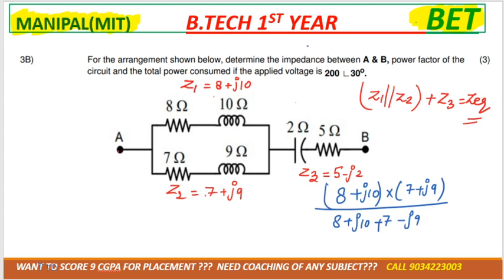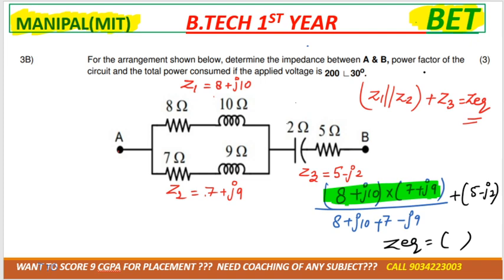By using complex method in the calculator, you can solve it directly, rectangular to rectangular multiplication that I told you. Plus Z3. Z3 is 5 minus J2. So after solving it, we can get Z equivalent.